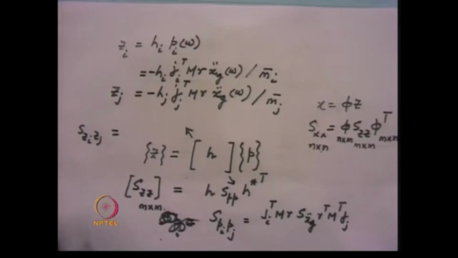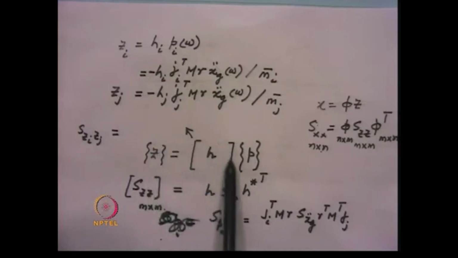So we can write the basic relationship: the z vector will be equal to a small h matrix times P. This h matrix will be a diagonal matrix, because all the values of z are uncoupled.